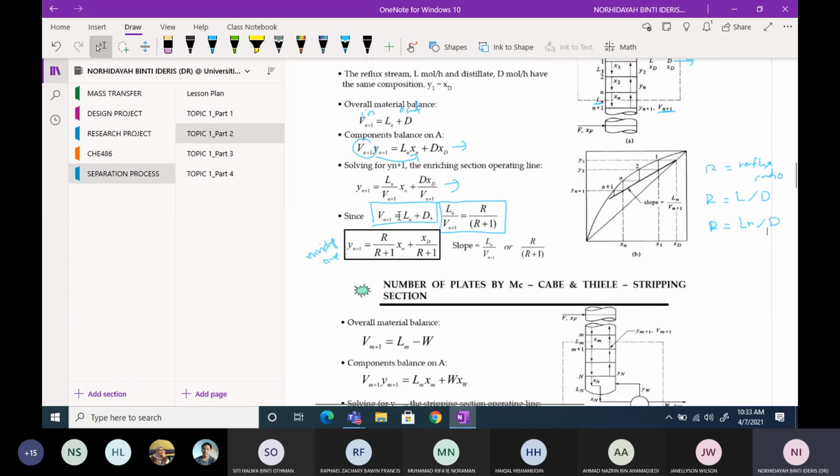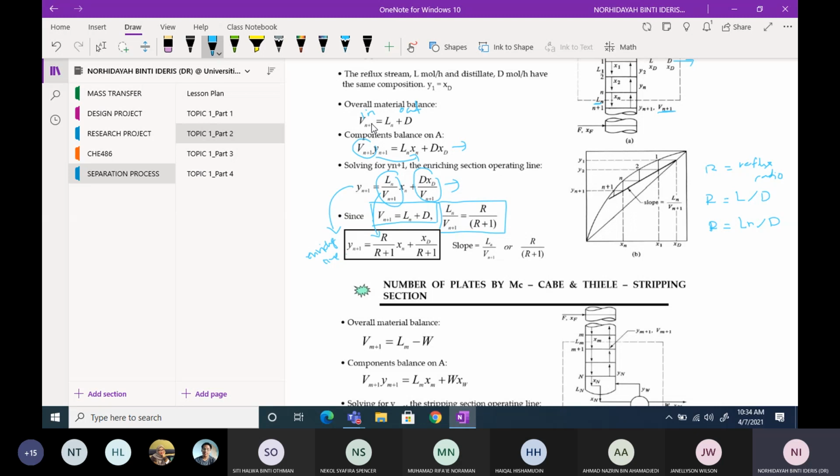So from this equation, we want to change this equation to this equation. You know that Ln over Vn plus 1 is equal to R over R plus 1. So you just simply change this one into this one. For this part, you need to use the correlation from here.